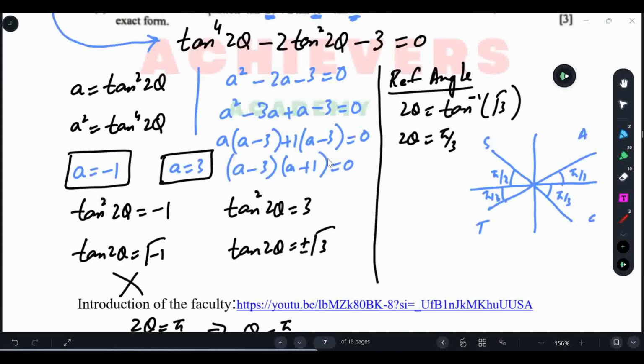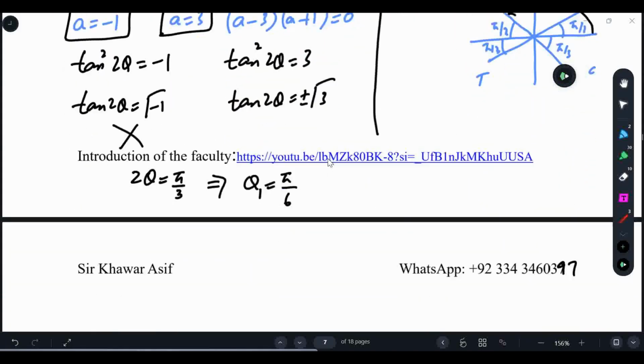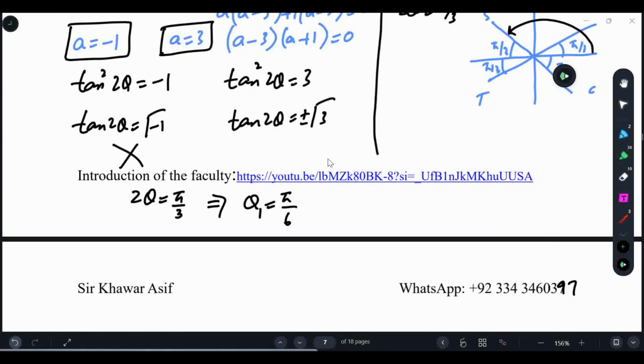Okay, now we have done the first part. Now we need to simplify for the next one. For this one, the angle should be equal to pi minus pi by 3. So for theta 2, we write 2 theta is equal to pi minus pi by 3.